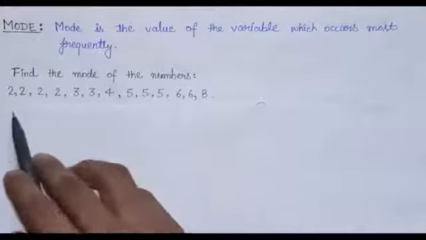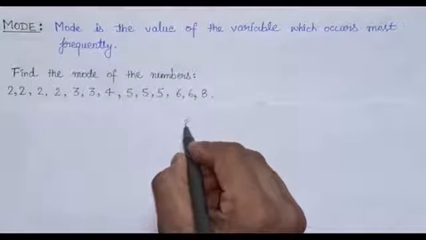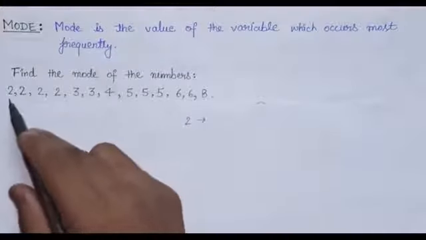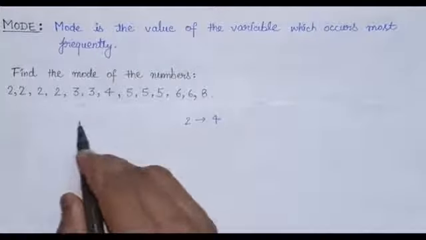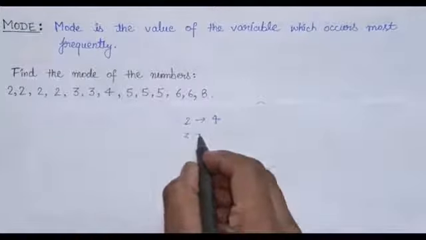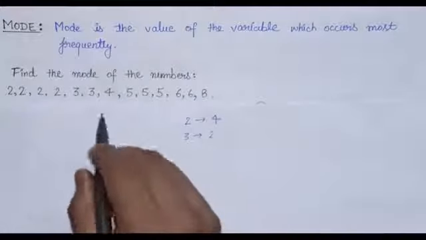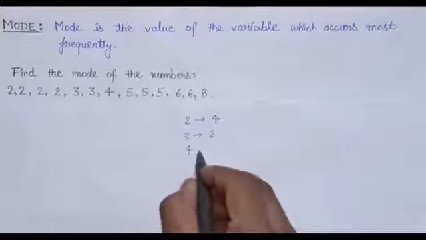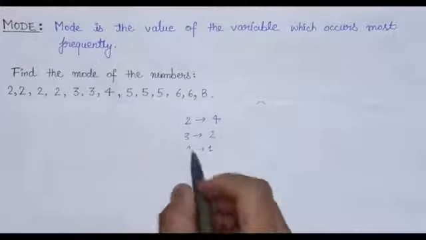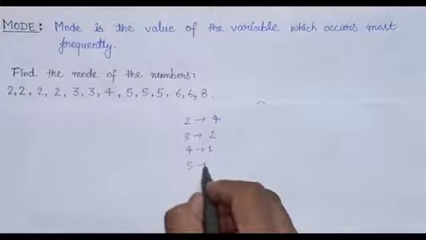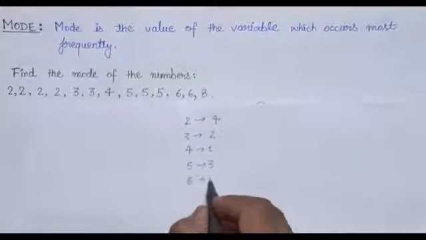Here you can see that 2 has occurred 1, 2, 3 and 4 times. 3 has occurred 2 times. 4 has occurred only 1 time. 5 has occurred 3 times. 6 has occurred 2 times.